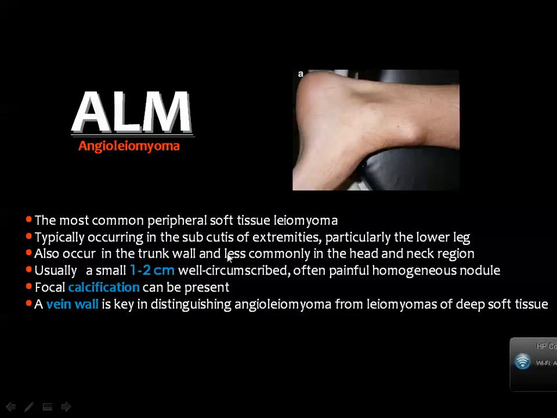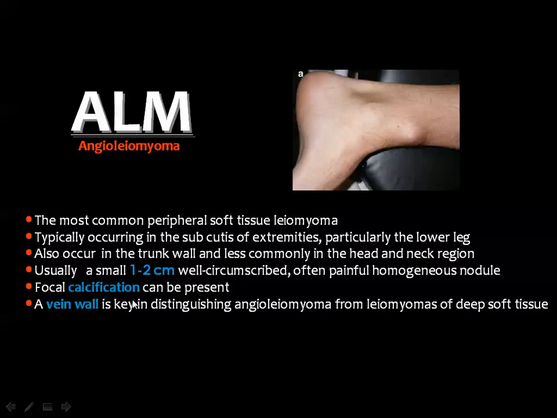And this occurs typically in the subcutaneous tissue of the extremities, especially in the leg, as you can see here. Also, it can occur in the trunk, and less commonly in the head and the neck region. The tumor is usually small, in the range of 1 to 2 centimeters in diameter, well circumscribed, and is often painful.